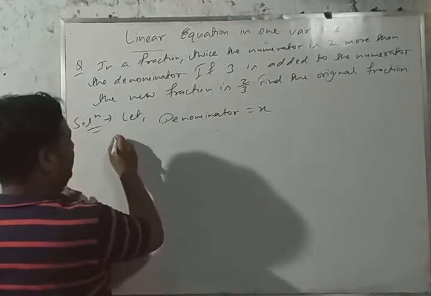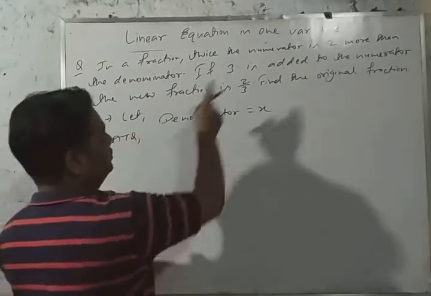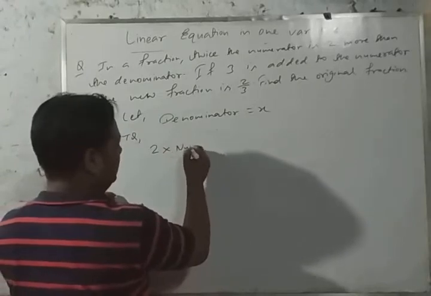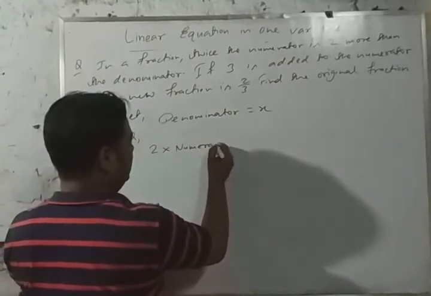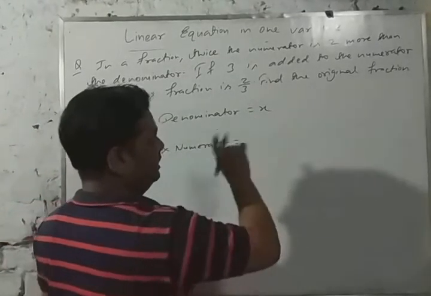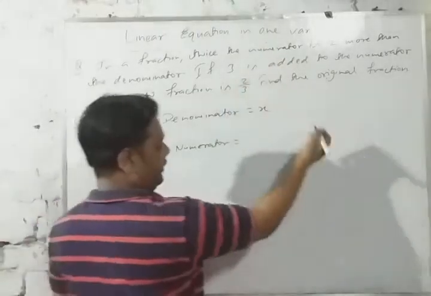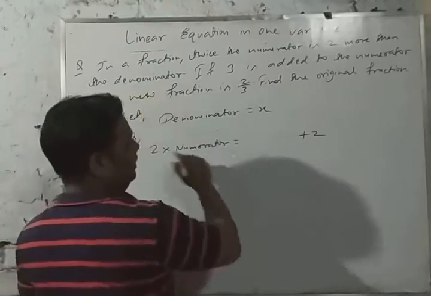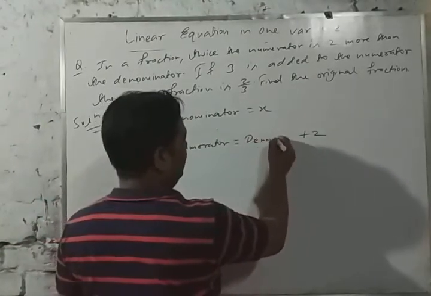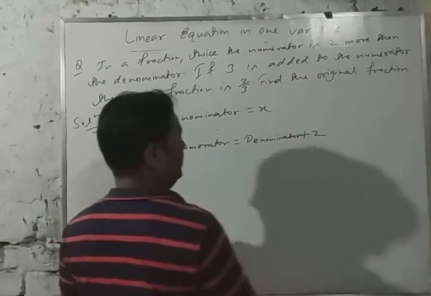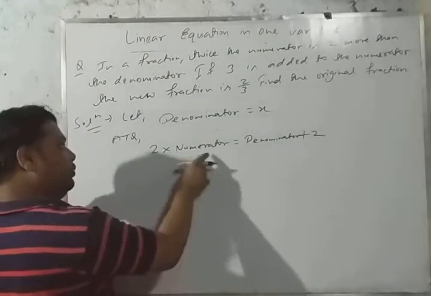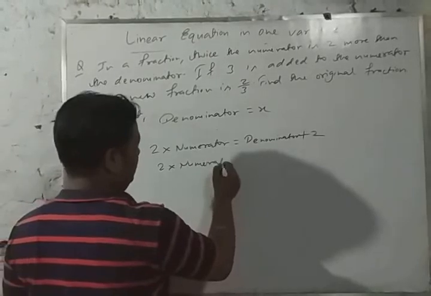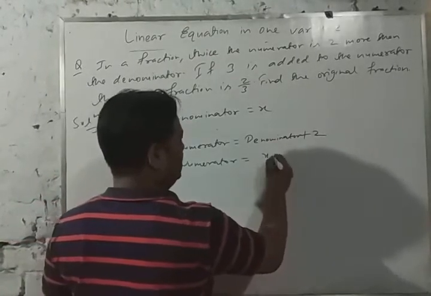According to the question, twice the numerator, that is 2 into numerator, is equal to 2 more than the denominator. Then what is the value? 2 into numerator is written, and here x plus 2.